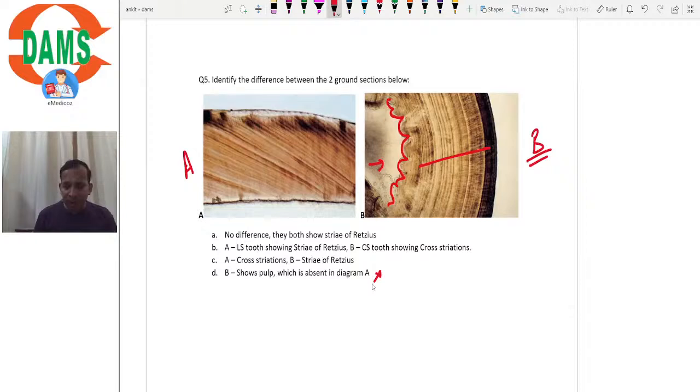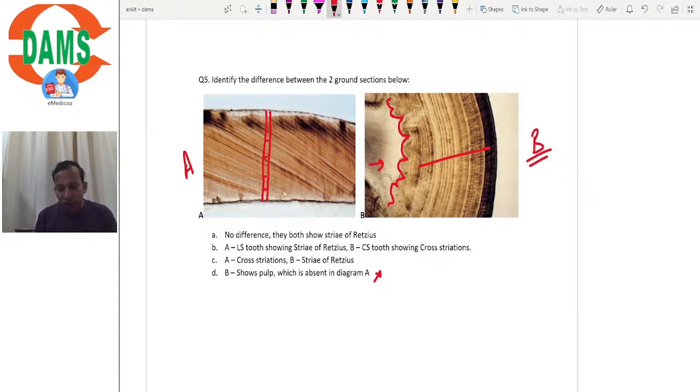And as we have studied in the class, enamel is laid down from the DEJ towards the outer surface, and cross striations are perpendicular to the enamel rod. Whereas striae of Retzius represent the incremental formation over a week's duration. More enamel is formed towards the cusp and less enamel is formed towards the cervical portion, and hence we get an oblique line.